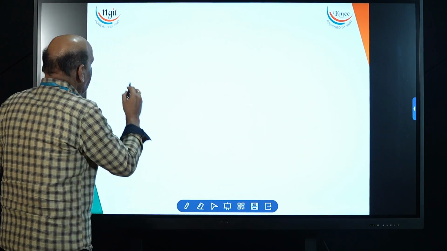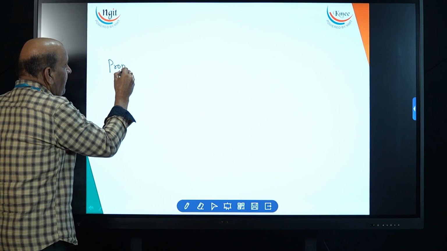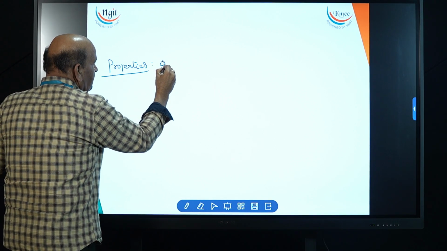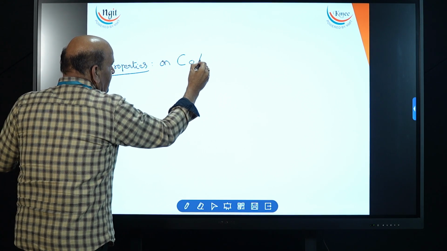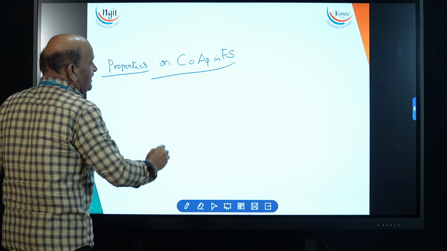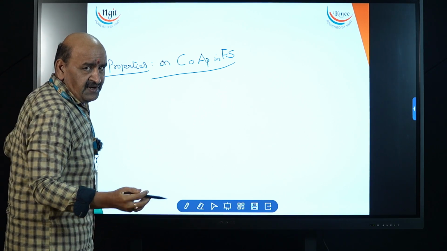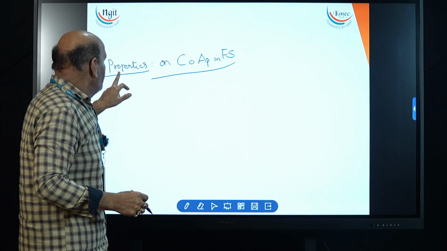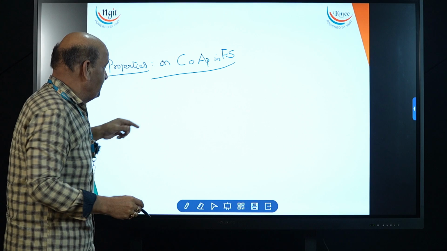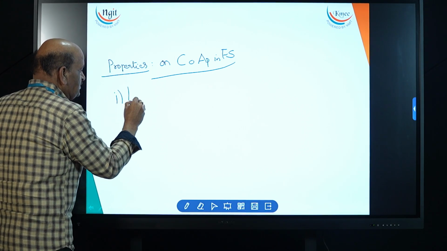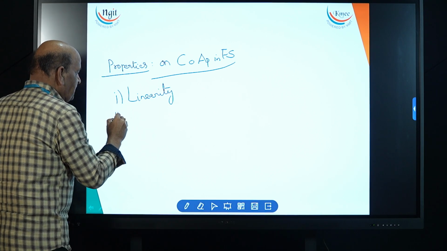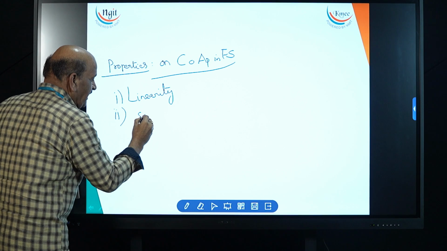Now, what properties does it have? The properties that can be discussed on coefficient of approximation in Fourier series. I am writing in a simple format because of time consistency. What is the first property? The first property is called linearity property. Second property is called scaling property.